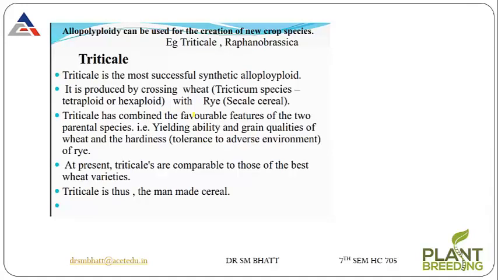What is the use of rye? Why did man select rye? Because earlier wheat was very soft, and it was easily degraded by pathogens. If anything is soft, who will eat it, human or pathogens? If it is growing in the field, who will eat first?